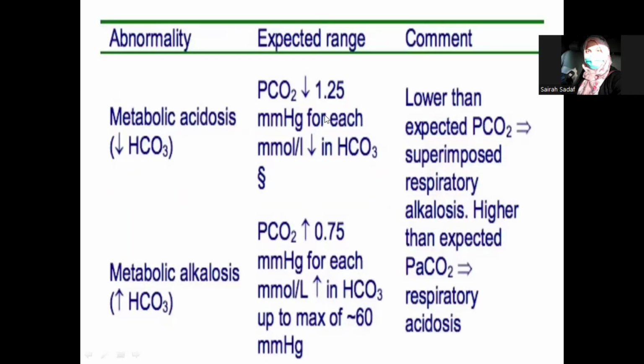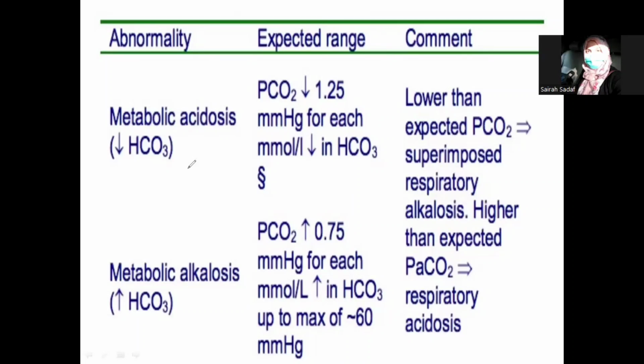We will get a report of the ABGs and see the value of PaCO2. If the PaCO2 is below the expected value, we will call it superimposed respiratory alkalosis. I will write down some values and then you will understand.